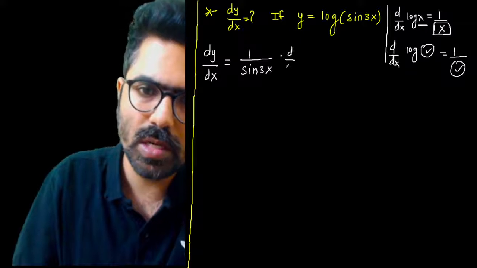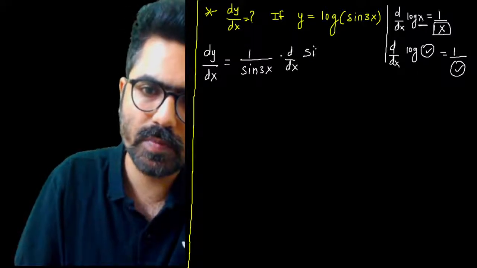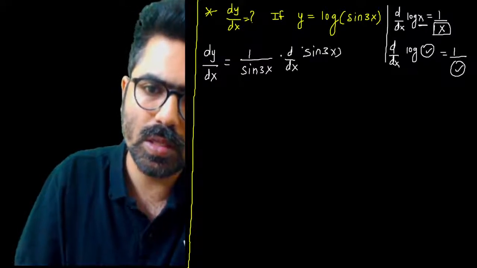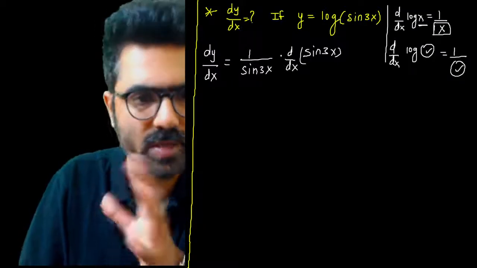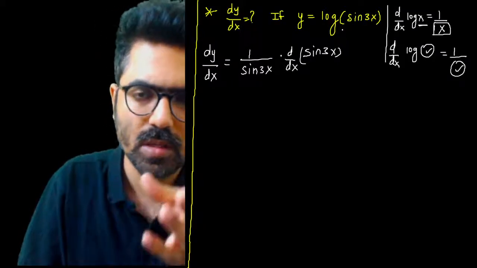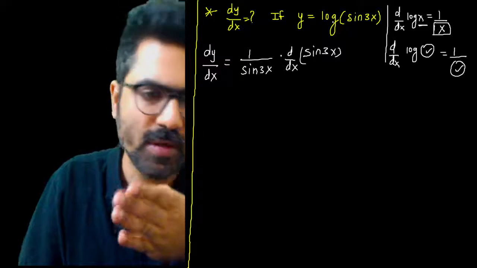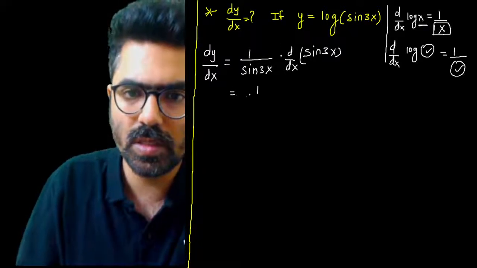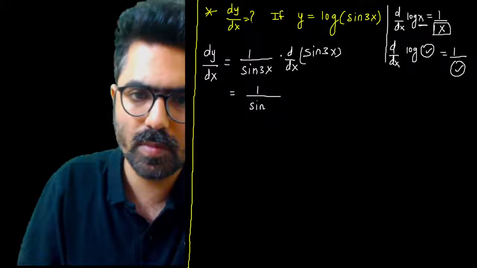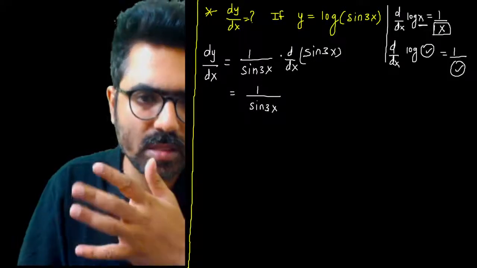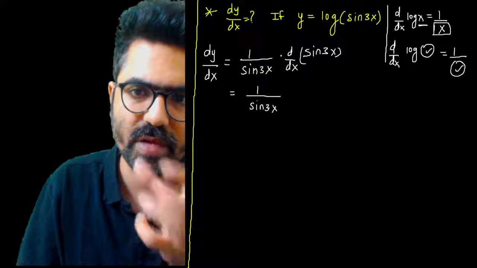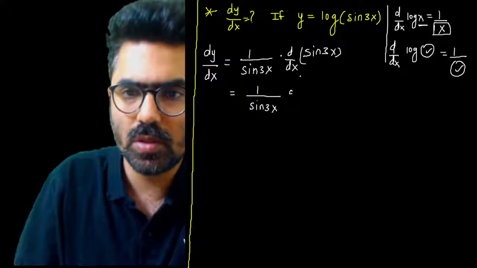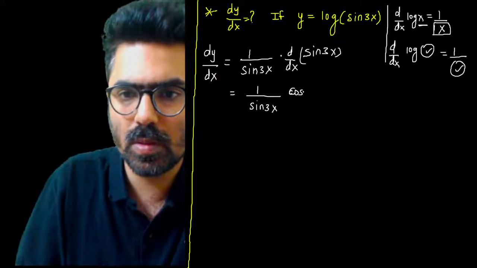Now into the derivative of sine 3x. Log का derivative हो गया. अब innermost function जो इसके बाद function आ रहा है sin 3x, उसका derivative करना है. So it is like a chain rule. पहले log का किया, उसके बाद sin का, then 3x का. One by one we need to finish. So derivative of sin 3x is what now?